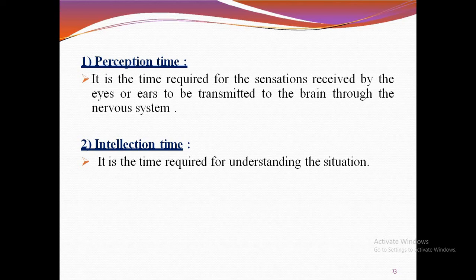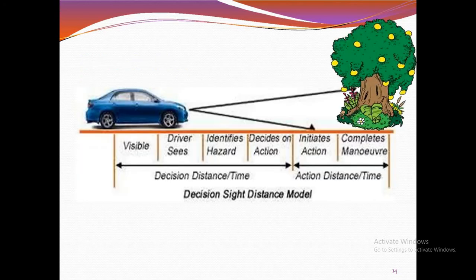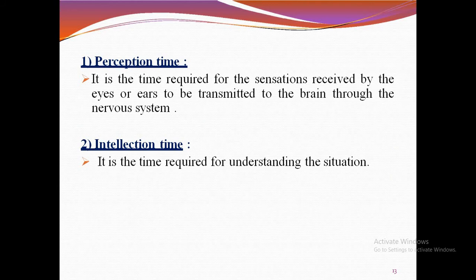Next, intellection time. It is the time required for understanding the situation. We need to understand the situation when traveling on the road. If something suddenly happens, we need to take all kinds of precautions.